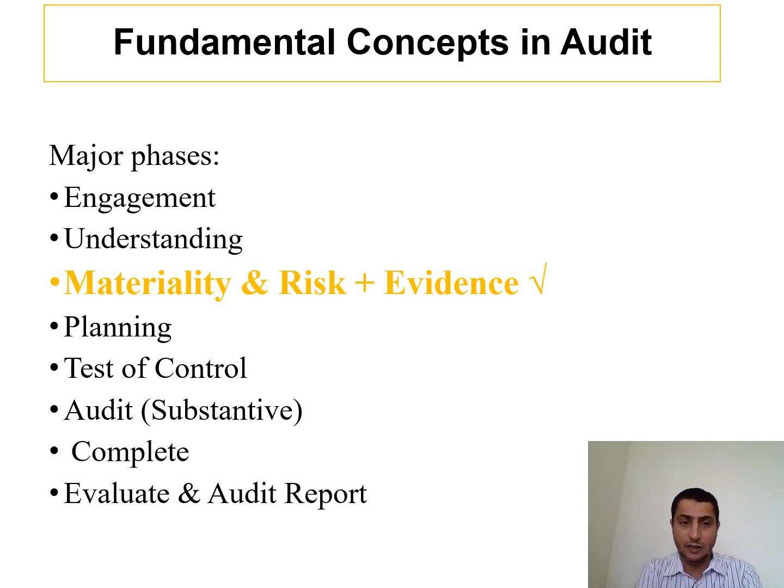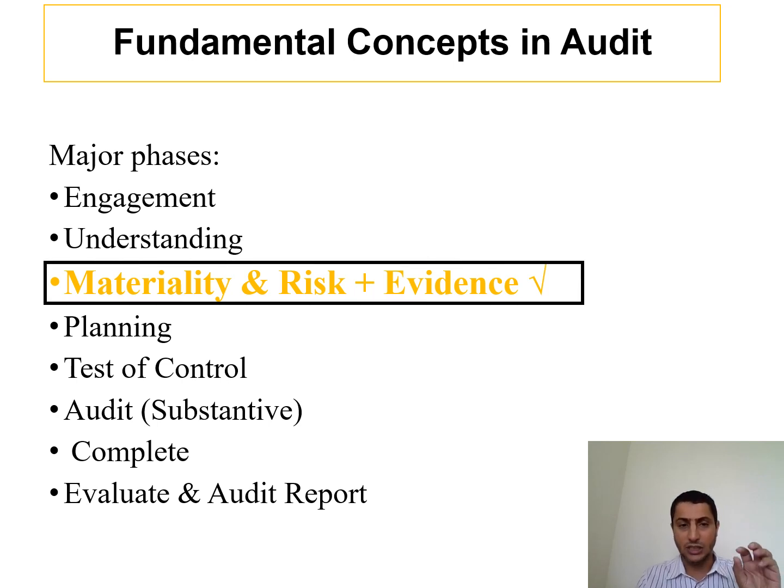The first is engagement, understanding the client, then setting up the materiality and audit risk, planning, test of control, audit test and substantive, then completing the auditing, and then issuing the audit report. Today's topic is focusing on setting up the materiality and the audit risk and evidence.